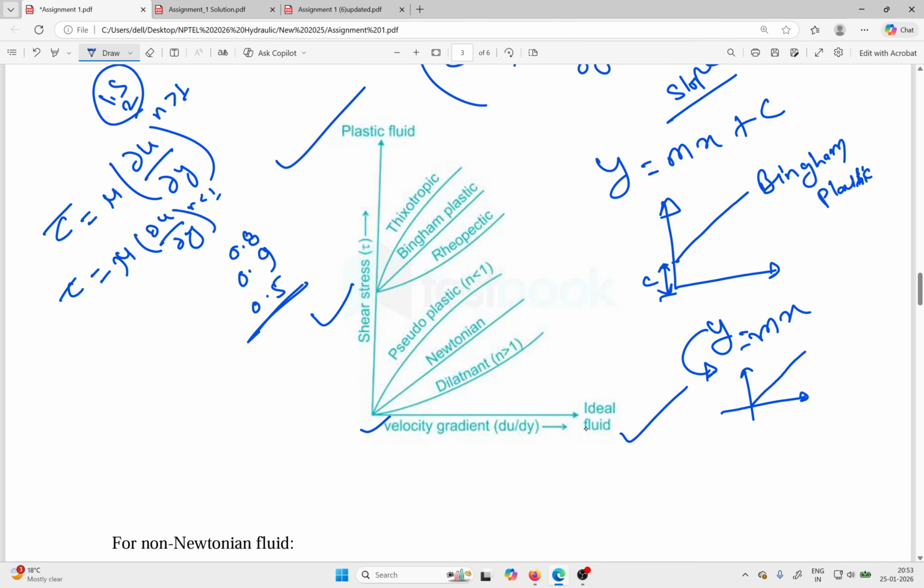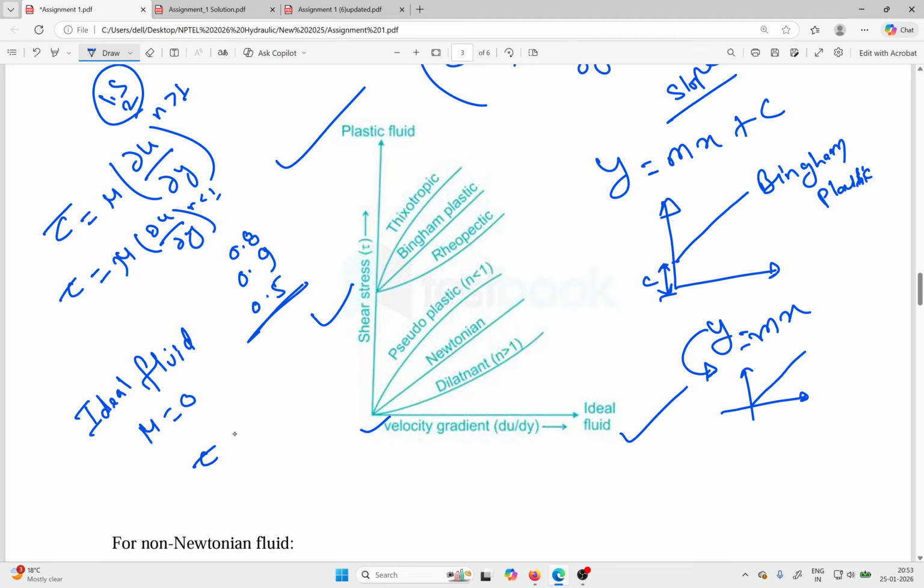Ideal fluid here you can see. There is no shear stress. For ideal fluid, as we have discussed already, your dynamic viscosity will be zero.